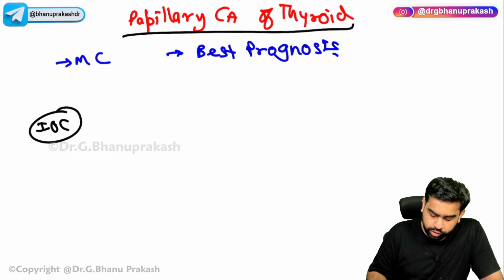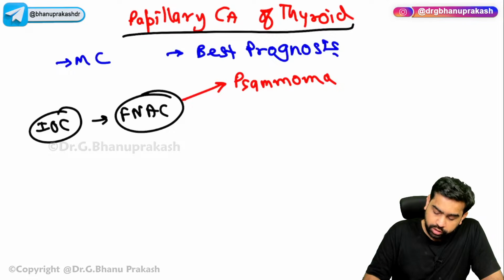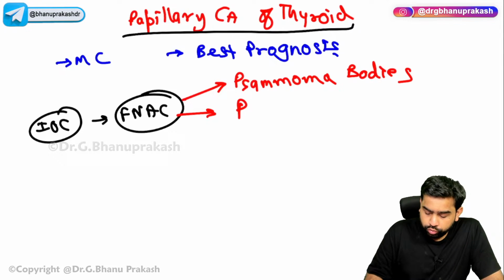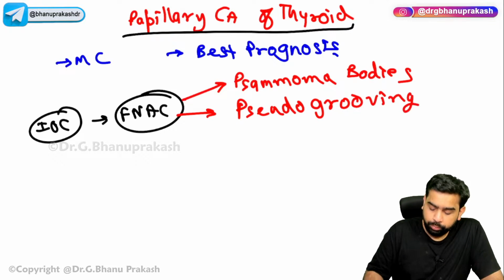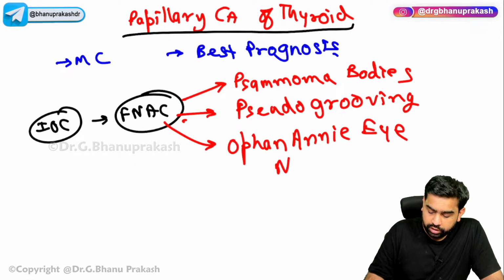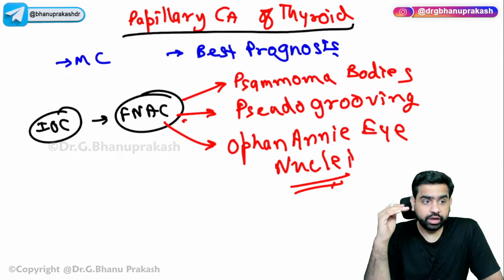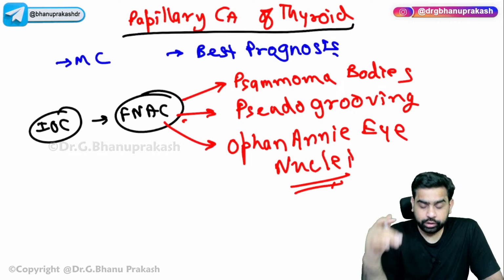The investigation of choice over here is FNAC. And what you're going to find on the FNAC? You're going to find psammoma bodies, pseudo grooving, which is not that important, and more important than this, orphan Annie nuclei. So psammoma bodies, pseudo grooving, and orphan Annie nuclei.